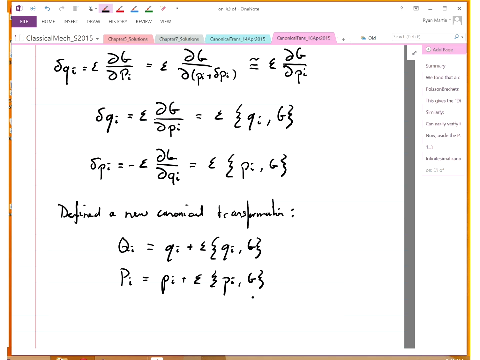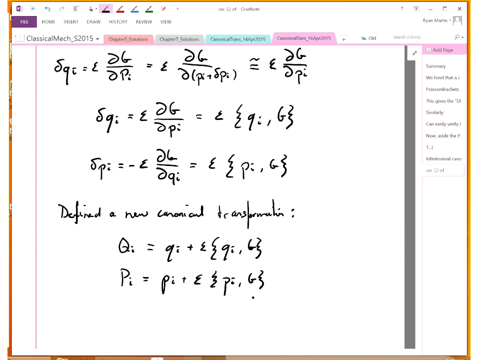It's not always obvious how to find the transformation that corresponds to a conserved quantity. We found that by taking Poisson brackets of the conserved quantities with the coordinates, we could find the coefficients for the transformation of those coordinates that correspond to that symmetry. And the equations that we found were exactly this, where G was the conserved quantity.